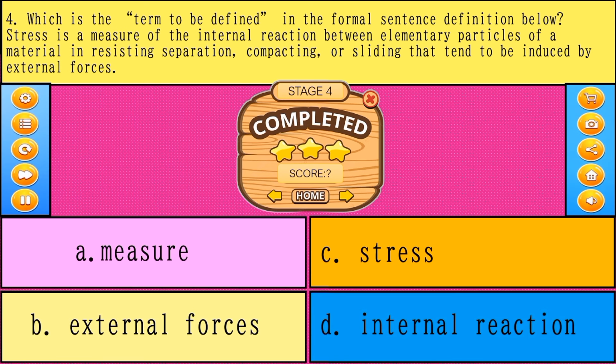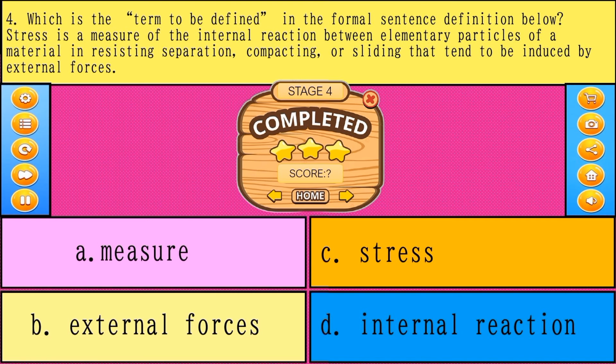Number 4. Which is the term to be defined in the formal sentence definition below? Stress is a measure of the internal reaction between elementary particles of a material in resisting separation, compacting, or sliding that tend to be induced by external forces.